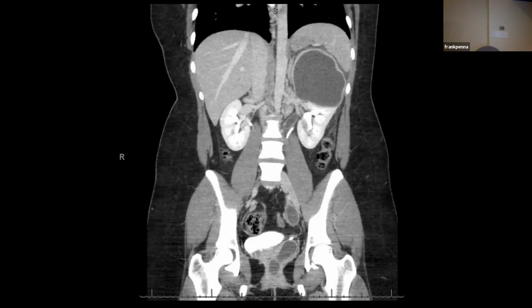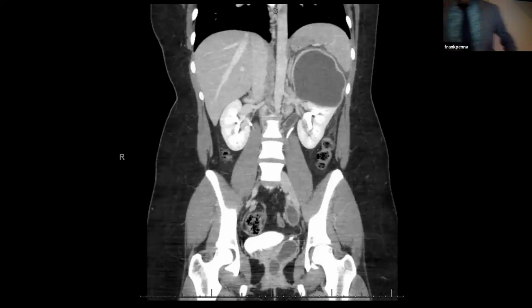This is her lower pole of the left kidney. And you can see her upper pole ureter is dilated. This is the inferior portion of her upper pole ureter. It's because her upper pole is inserting into her vagina. And her lower pole ureter is fine. That's why the kidney looks normal in the lower aspect.